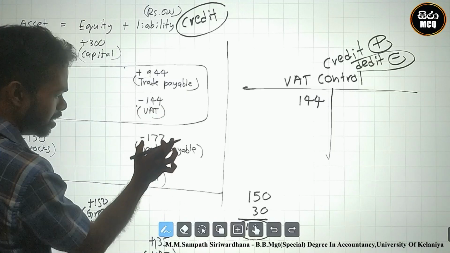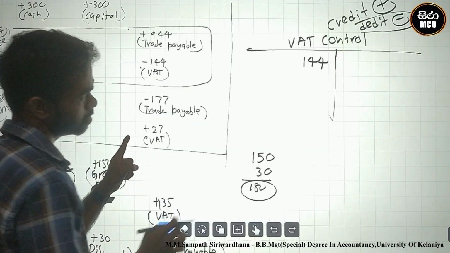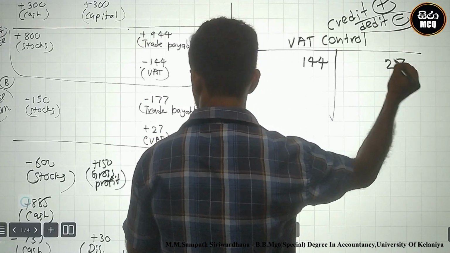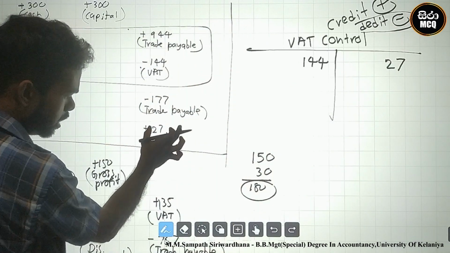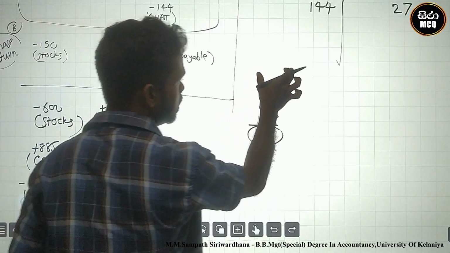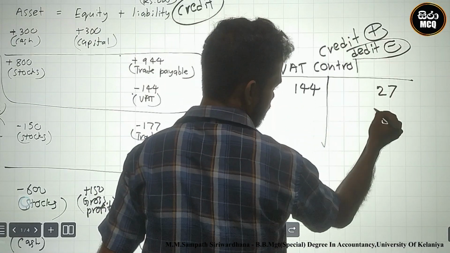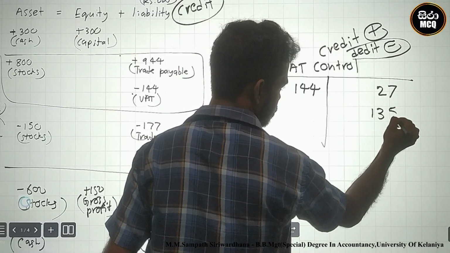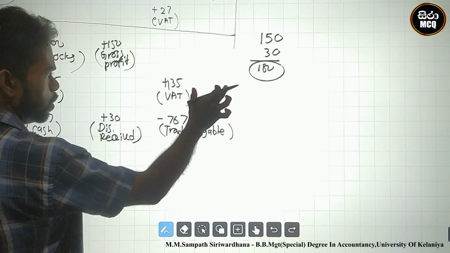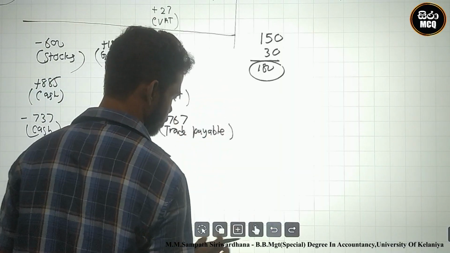Okay, the second one is VAT plus. VAT plus means credit 27. There is another VAT side, 135 plus. Plus means credit 135. There are only these VAT entries. Okay, the balance sheet.